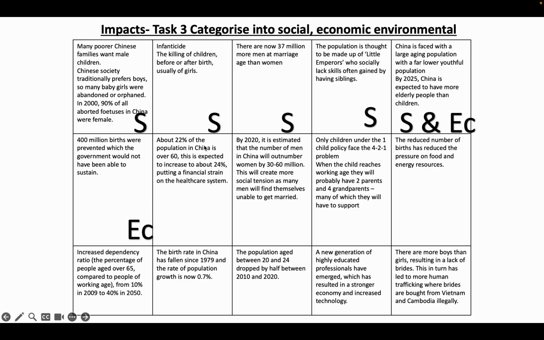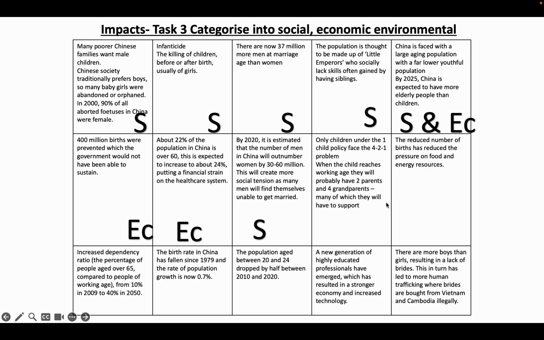So as mentioned, the increasing aging population puts financial stress on the healthcare system, more economic. There's a gender imbalance currently. By 2020, it's obviously 2024 as we speak, so you can remove the 'by', but there is a gender imbalance, and this is a social impact.